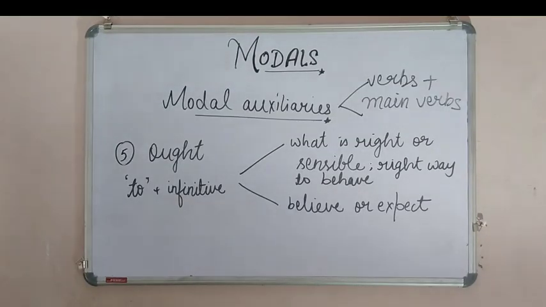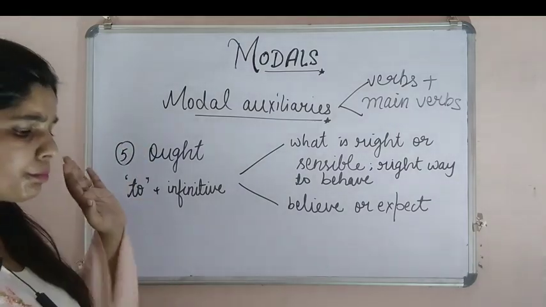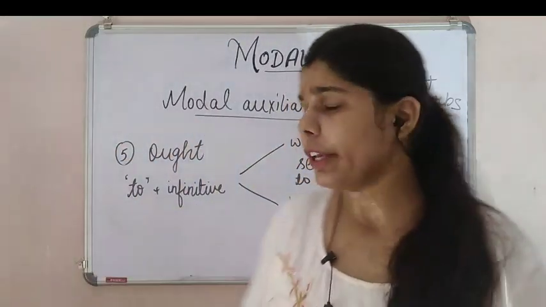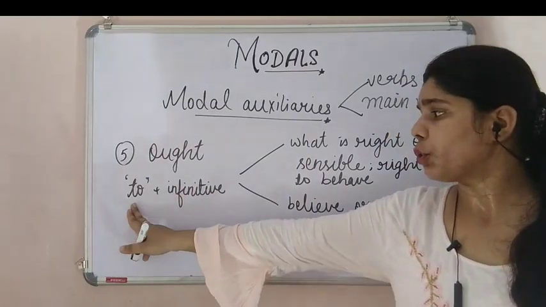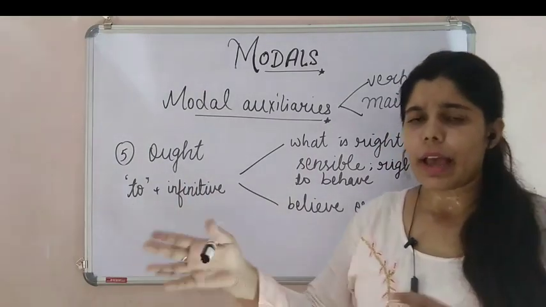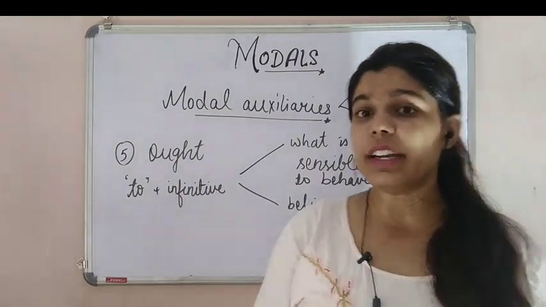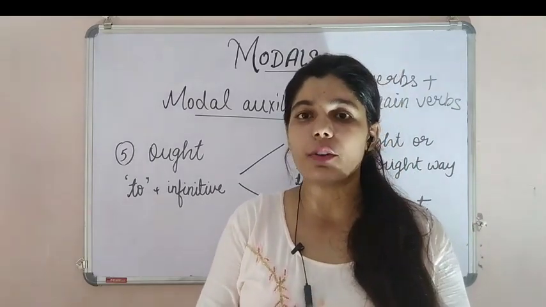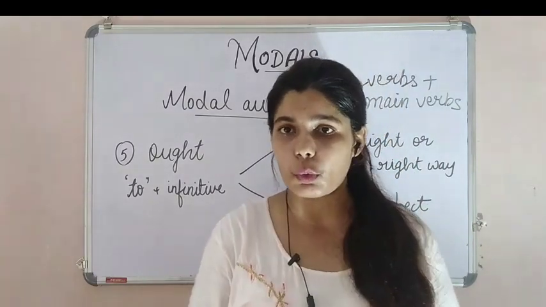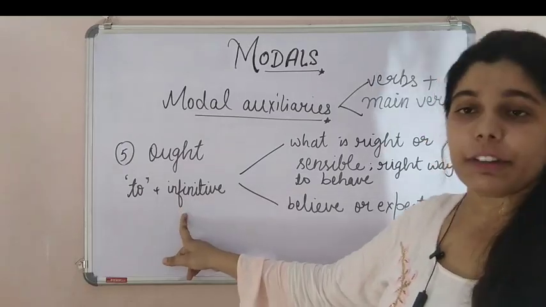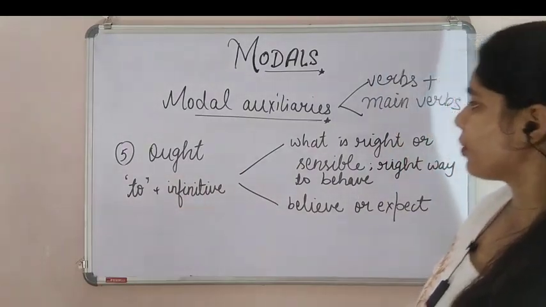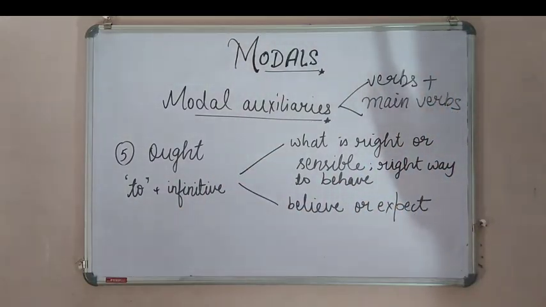Then the last auxiliary which we are having is ought. Ought is majorly used whenever we are having to plus an infinitive. As we studied earlier, need was followed by an infinitive without to, but ought will be having an infinitive as well as to. Now where is this ought used?